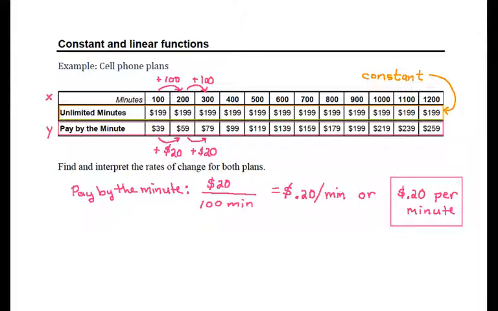Think of the division bar here as representing the word per when figuring out your units. Whatever units we have in the numerator divided by whatever units we have in the denominator are going to be the units of our rate of change.